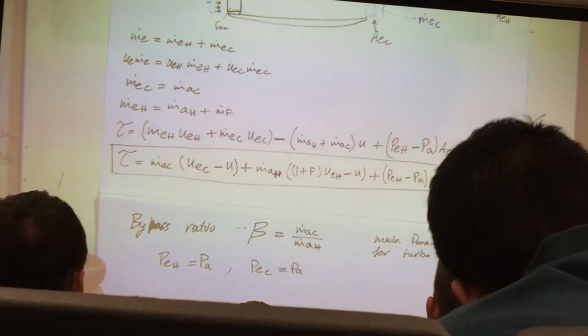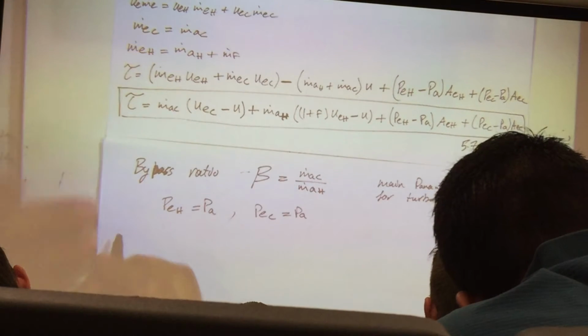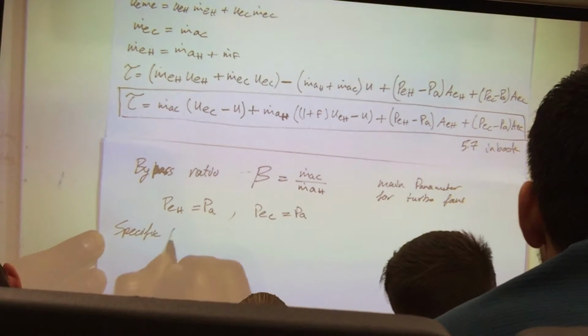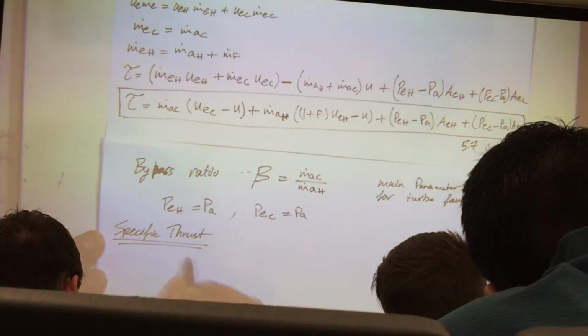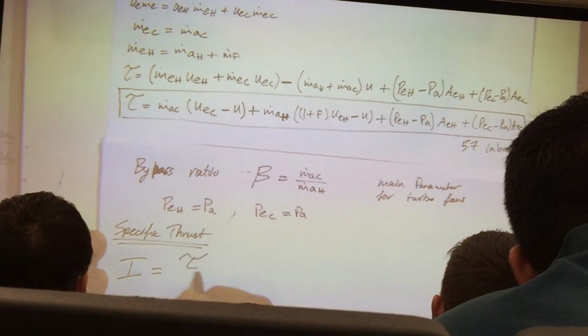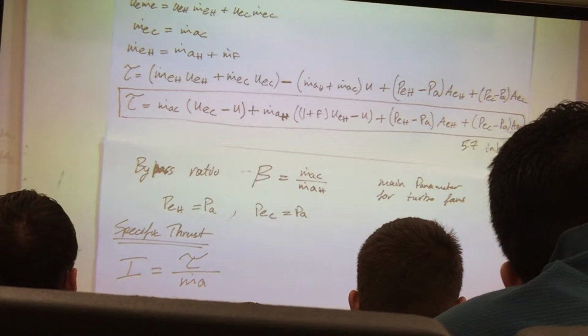So let's define specific thrust. Specific thrust is equal to my thrust over my total air mass flow that I'm actually putting through my engine.